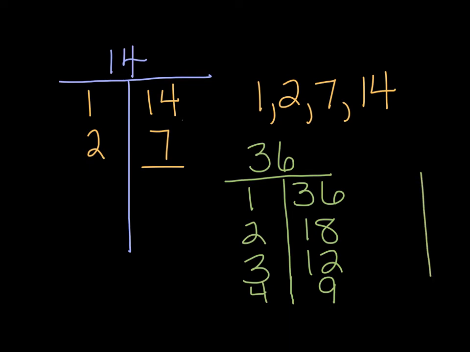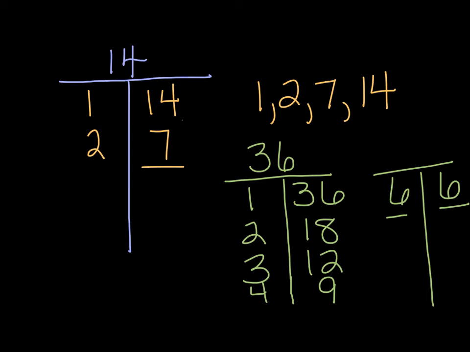So there is a 6 and a 6, right? Once we hit a number where we're repeating, we know we're finished. There's not a 7's fact, there's not an 8, and we've already done 9. So if we reach a number that repeats, like the 6 and the 6, or if we come to a turnaround fact, then we're finished.